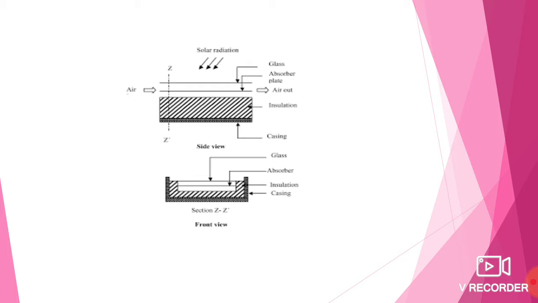The first type is the non porous absorber, in which the air stream does not flow through the absorber plate. So, air may flow above and behind the absorber plate. The second type is the porous absorber, that includes slit and expanded metal, transpired honeycomb and overlapped glass plate absorber.